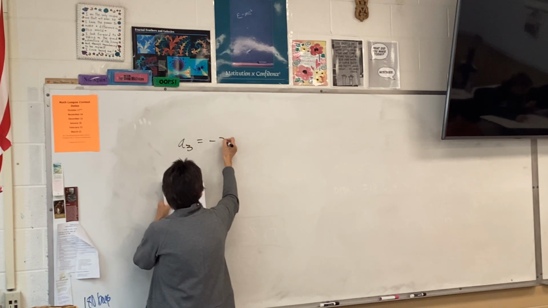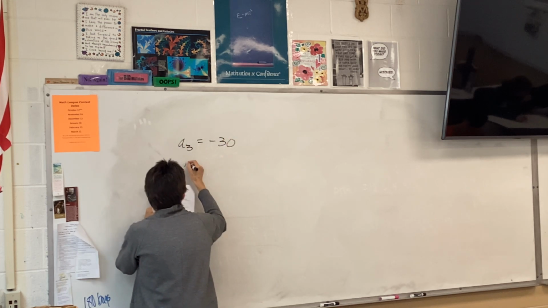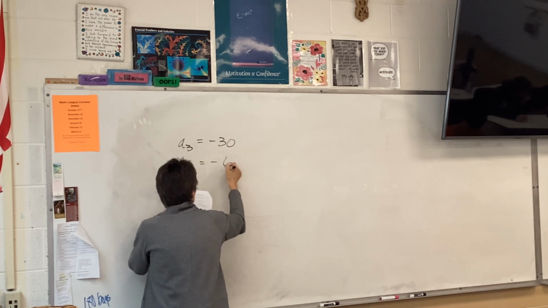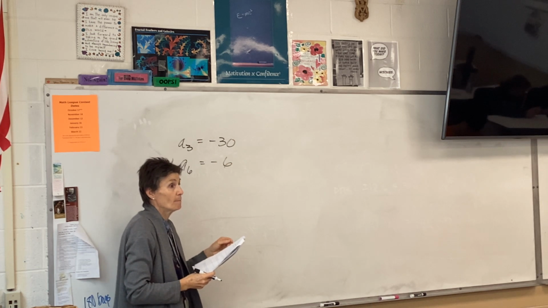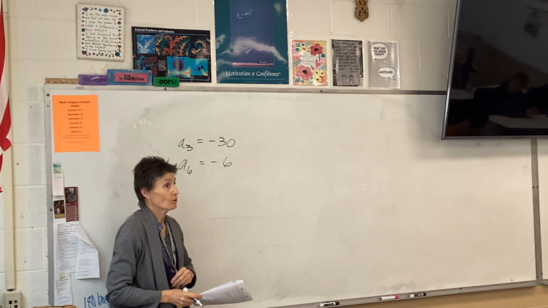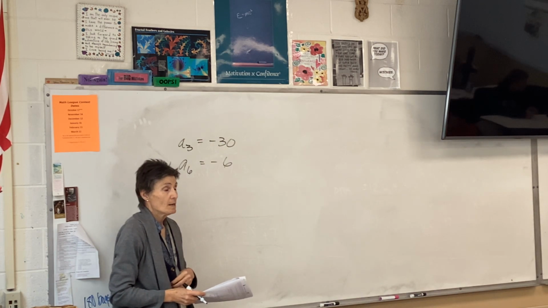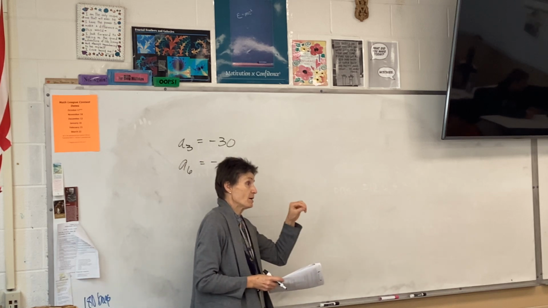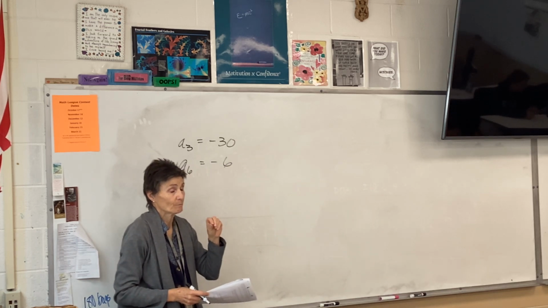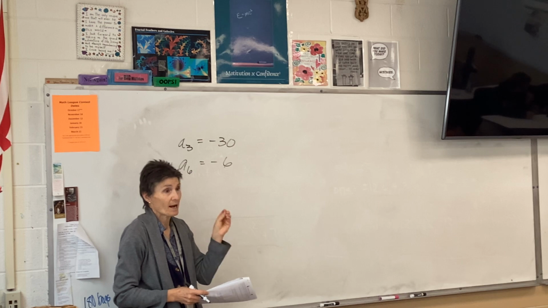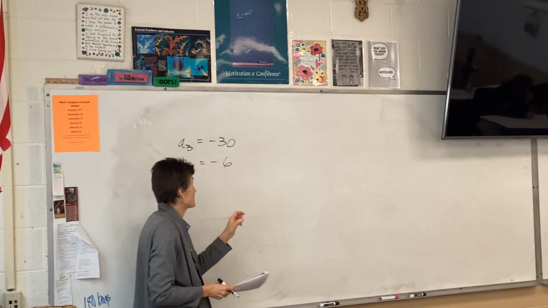And what does that mean again? What does arithmetic mean? It means we get from term to term by adding the same number. Okay? Be sure you add the same number, because we can get from term to term by adding, but it's not arithmetic unless we are adding the very same number.